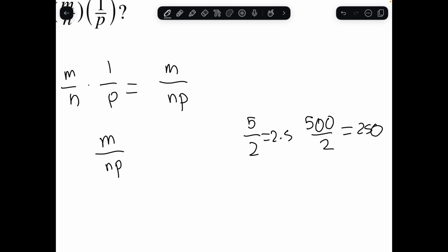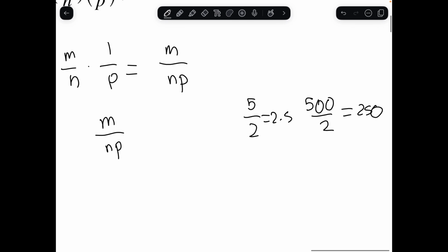Increasing the numerator increases the value. Same logic: if I have 5 over 5, that's 1, but if I decrease the denominator to 1, I get 5. Notice how if the denominator becomes smaller, the value becomes greater.